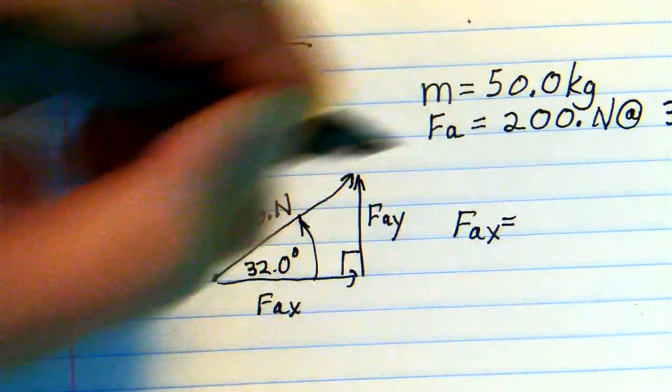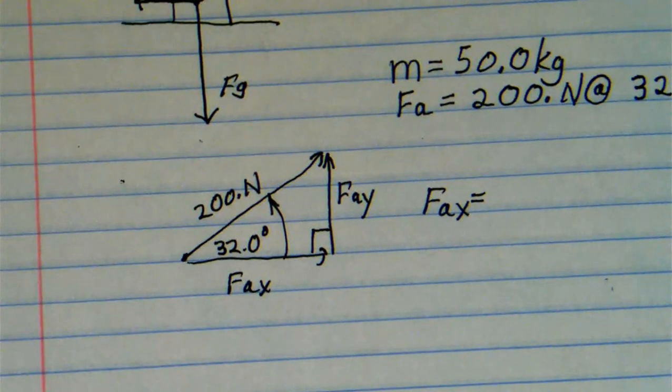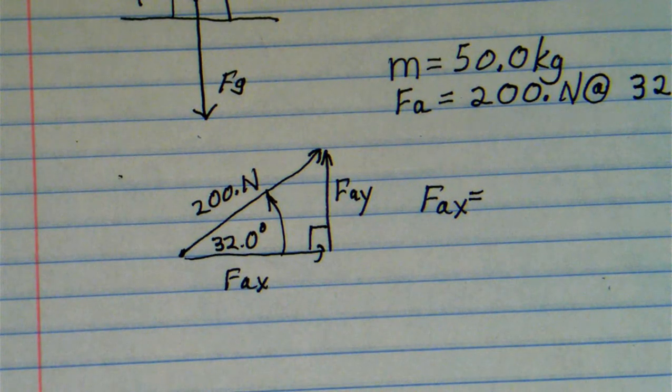All right, first step, what is the x component of the applied force? The hypotenuse is 200 newtons. The angle is 32 degrees. And I'm asking you, what is the length of the adjacent side of this right triangle?